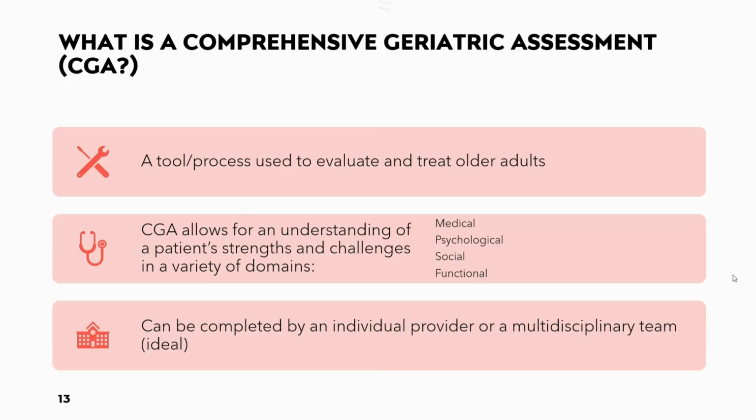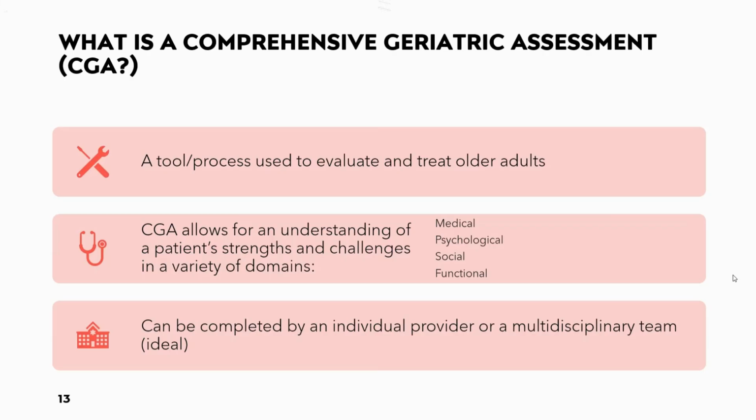What a CGA does is it allows for an understanding of the full patient picture. So their medical history, their psychosocial history, their functional status, and it allows us to really get a clear idea of all of those things and identify where patients have strengths and where they might have challenges in order for us to create a care plan.